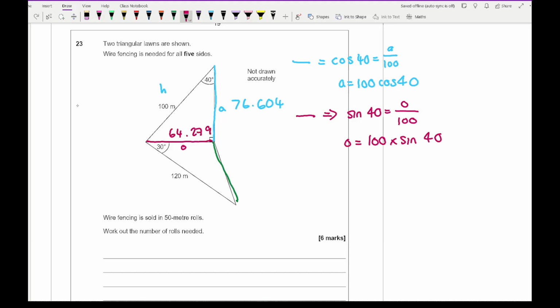So now for this one, what I then need to do is use the cosine rule.